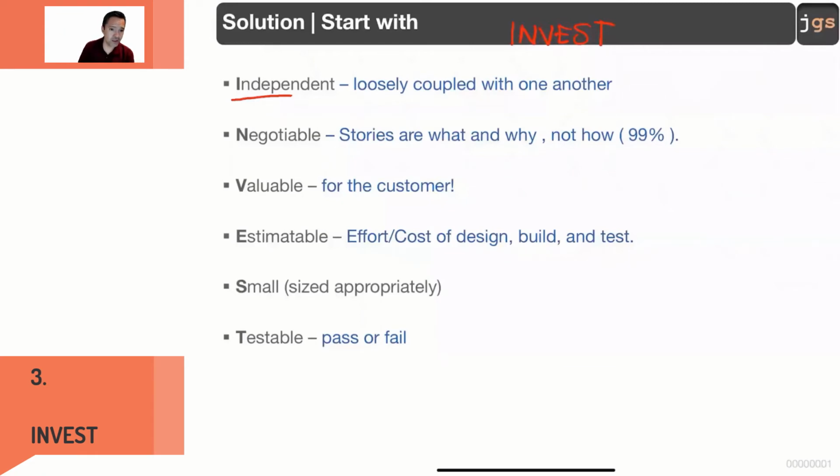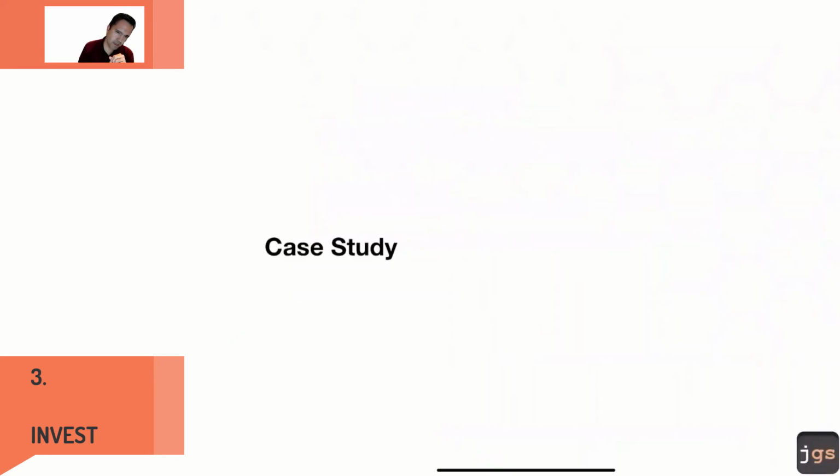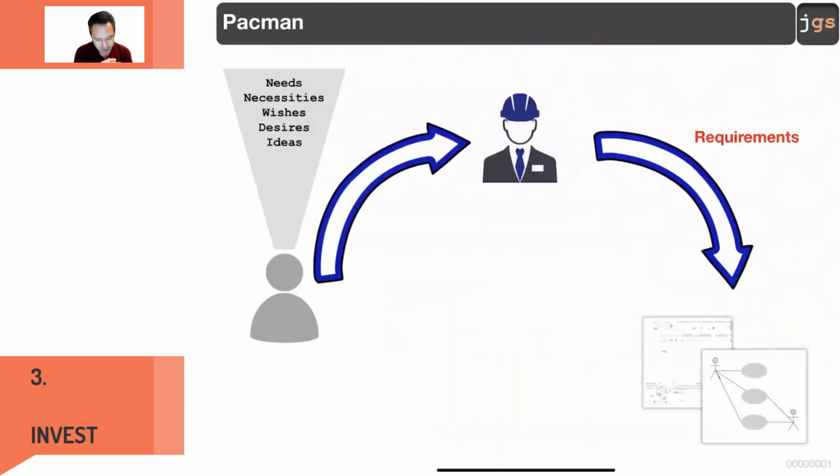Let's review a project. Imagine that I am your customer and I need a piece of software. You are my engineers. You are going to listen to my requirements and then you're going to document them.